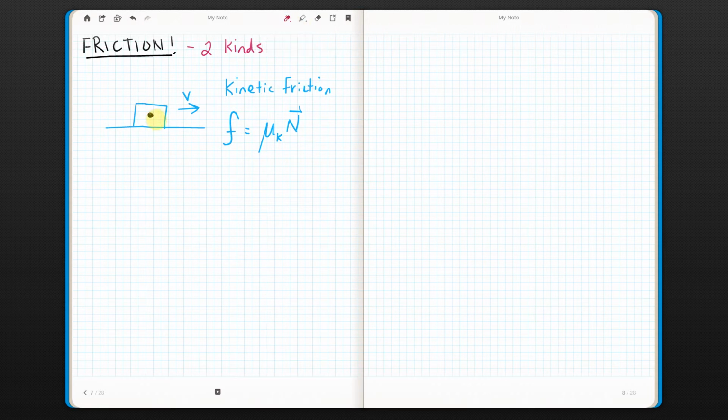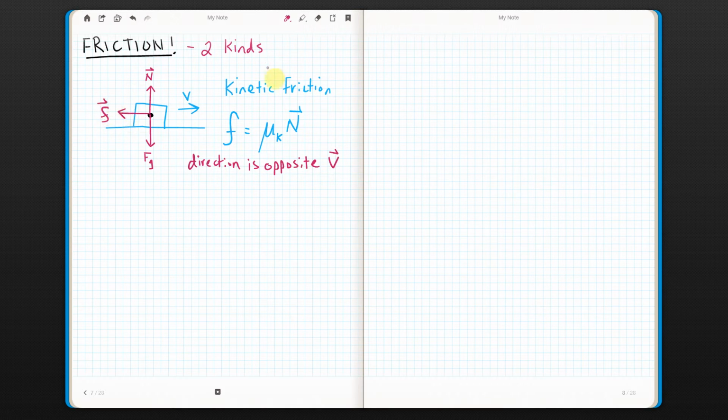So in this particular case, here's the normal force, and here's gravity. And the direction of the kinetic friction is always opposite the velocity. So in this case, velocity is to the right, friction would be to the left.